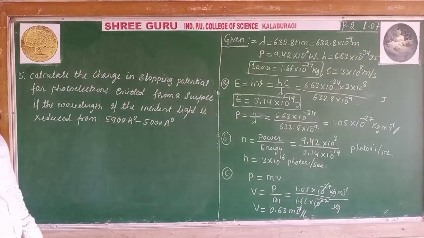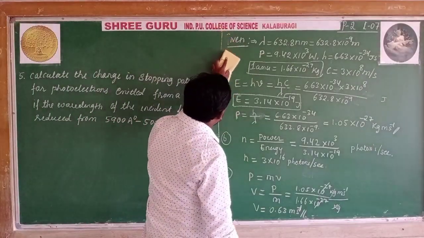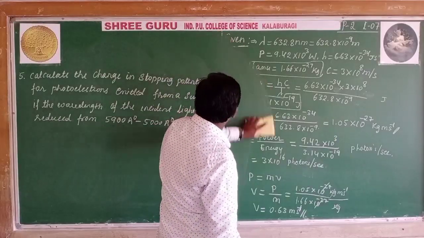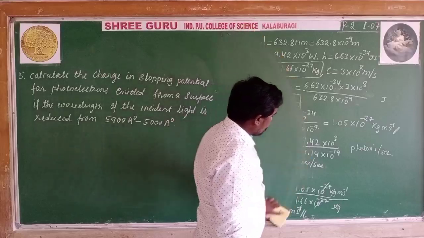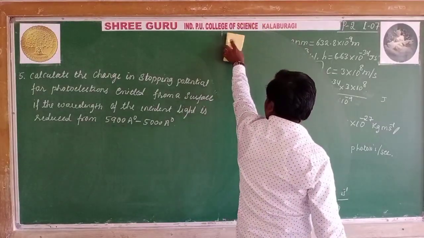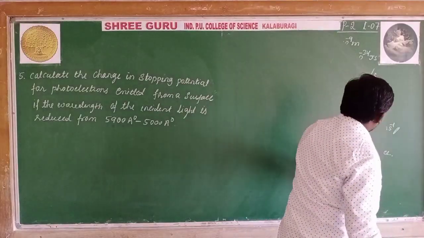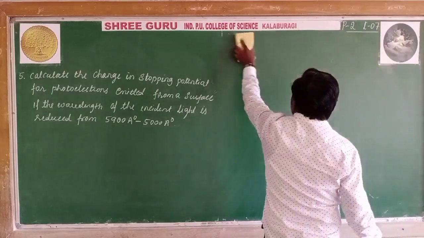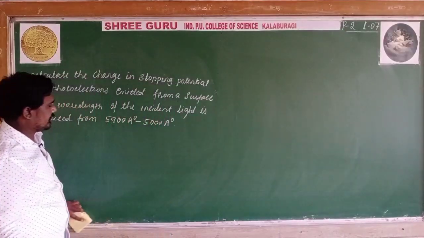If the intensity of incident radiation decreases, the current also decreases, but here the wavelength of incident radiation decreases. Just keep in mind how the wavelength is related to the incident radiation and stopping potential.